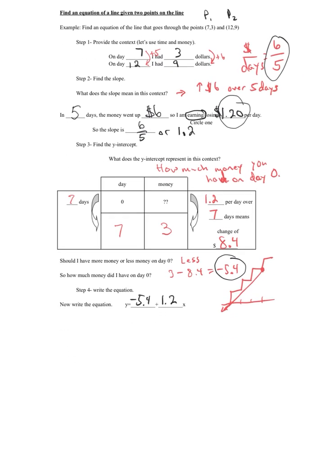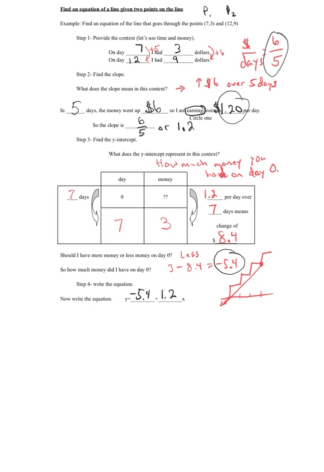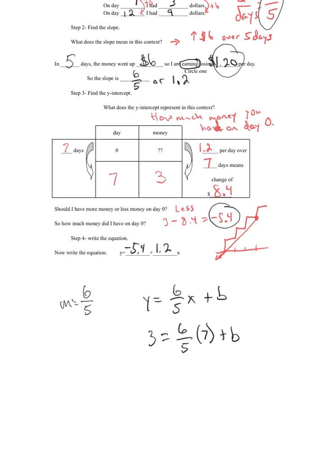All right, and let's work through that algebraically again. This context is kind of helpful to think about why this works. Algebraically, it works out pretty nice though. Remember, you found the slope was 6/5. So if I plug in y equals 6/5 x plus b and try to find the b, I would pick a day. Day 7 had $3, so 3 equals 6/5 times 7 plus b. And again, this isn't really going to work out. We already saw that it's going to give a decimal.